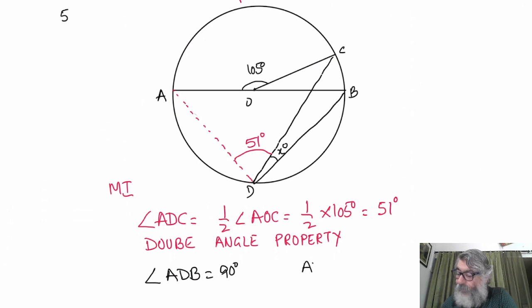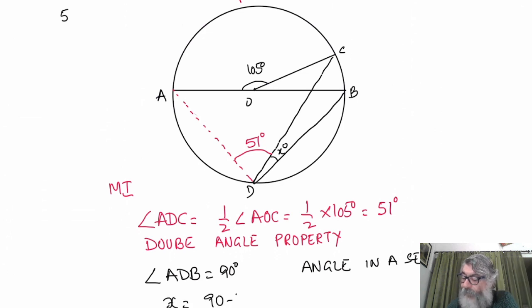Angle in a semicircle is 90 degree. So now x will be how much? X will be 90 minus 51, that is 39 degree.